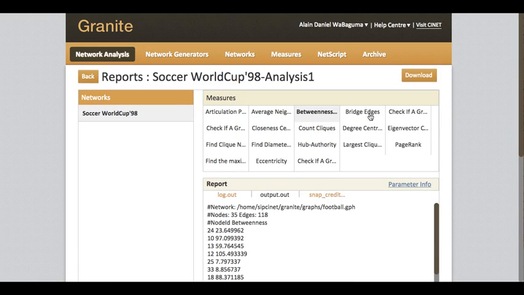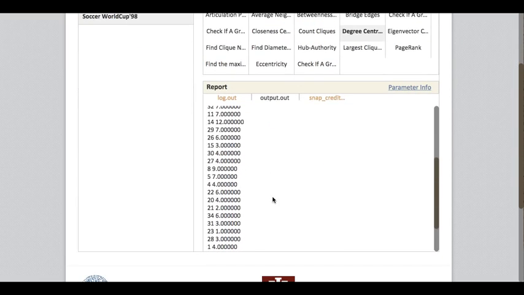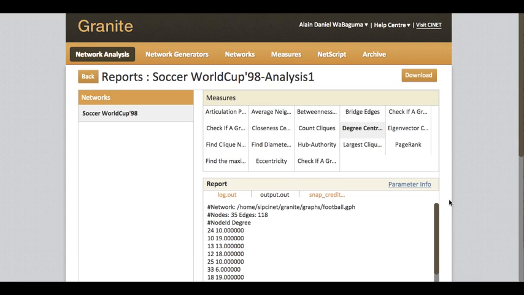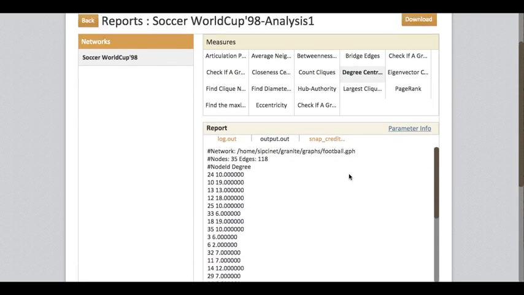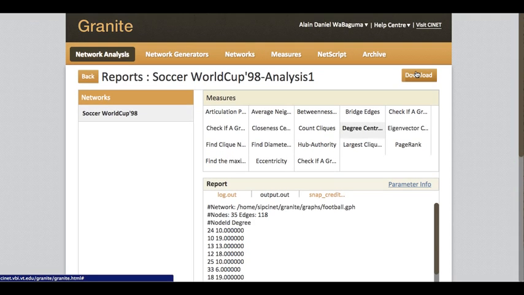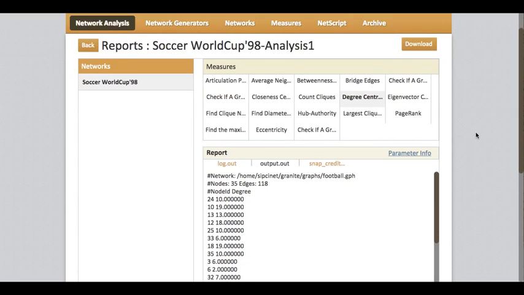Degree centrality. Here we go. For this one also, it's a lot of measures. I will have to sort them out in Excel to find out their order of importance. So if you know how to sort in Excel, that's how I'll do it.